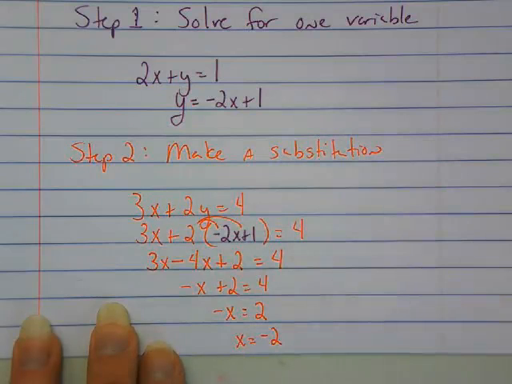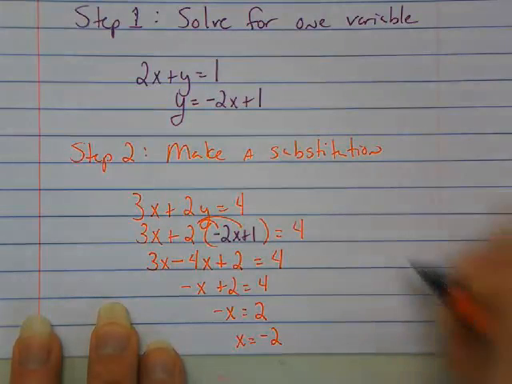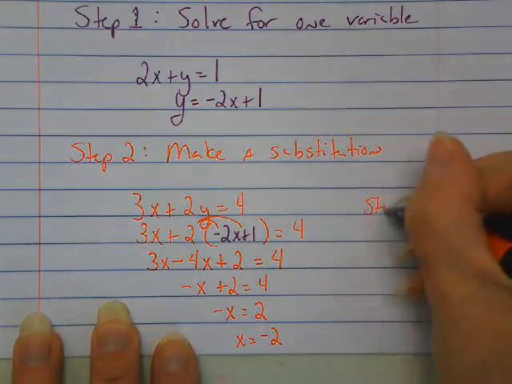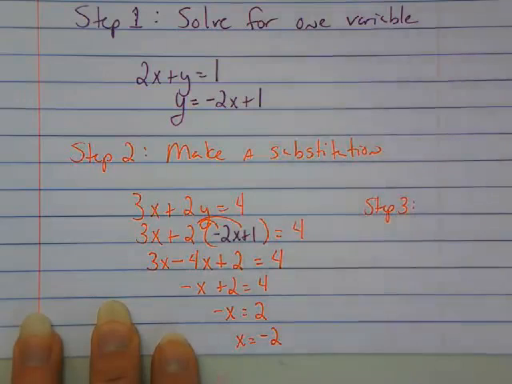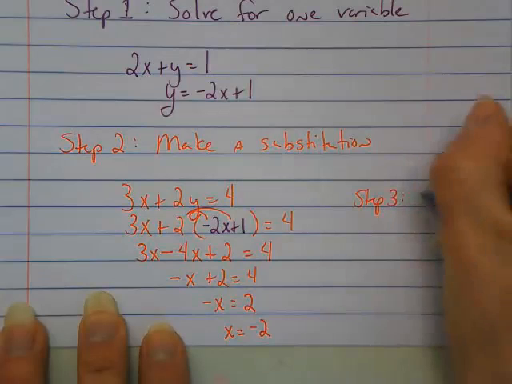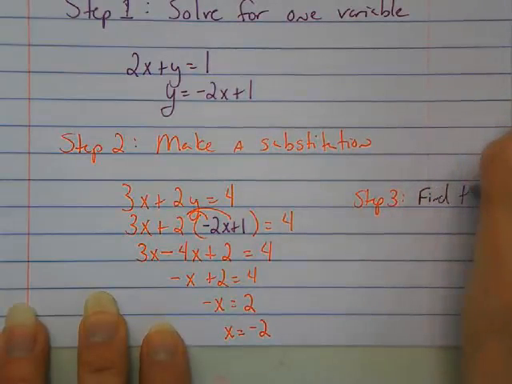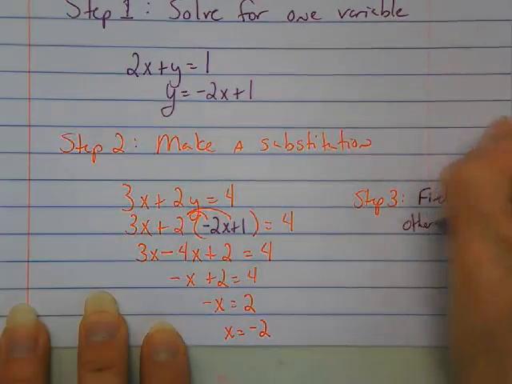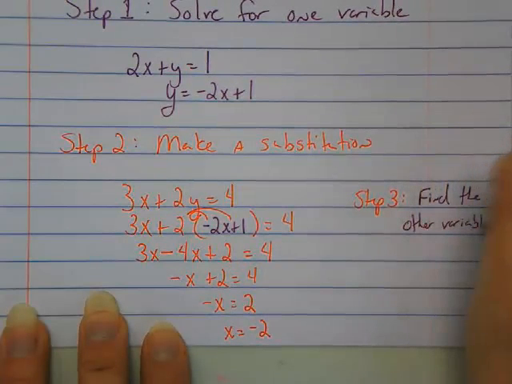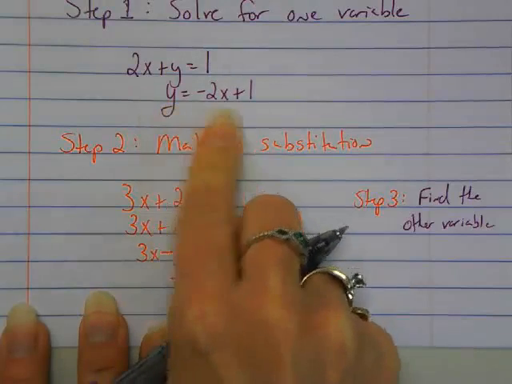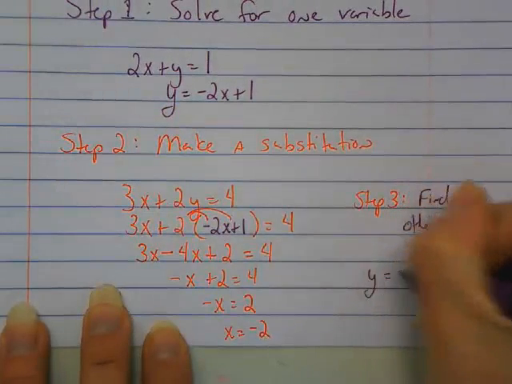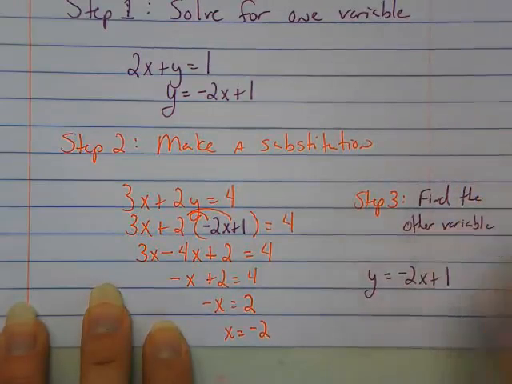Alright. And then step 3, find the other variable. So go back here to step 1 where you said y was equal to negative 2x plus 1.